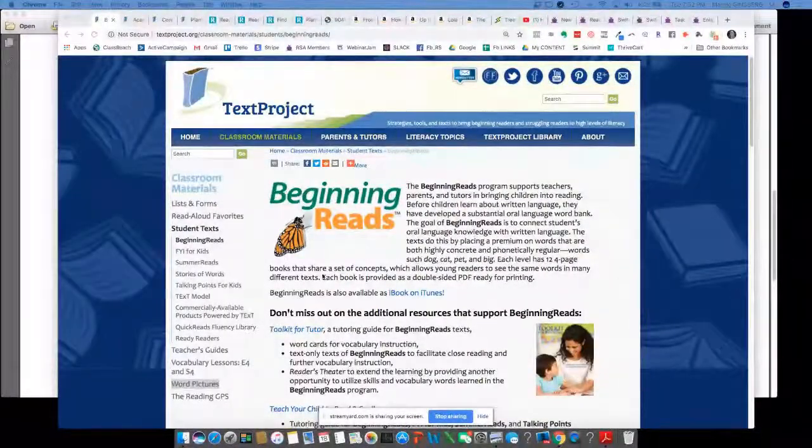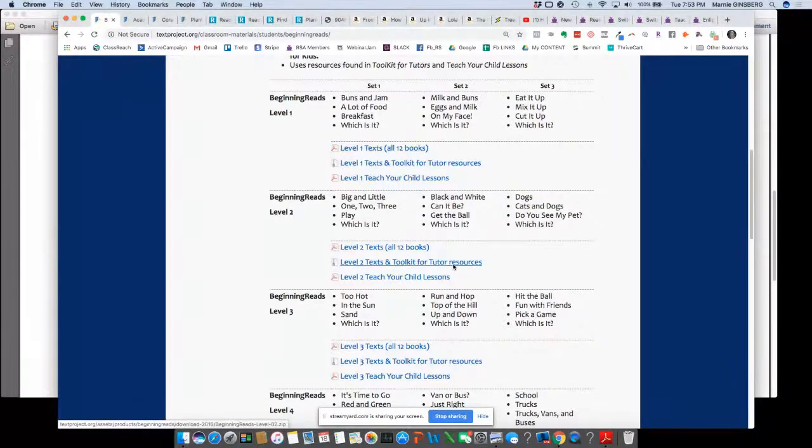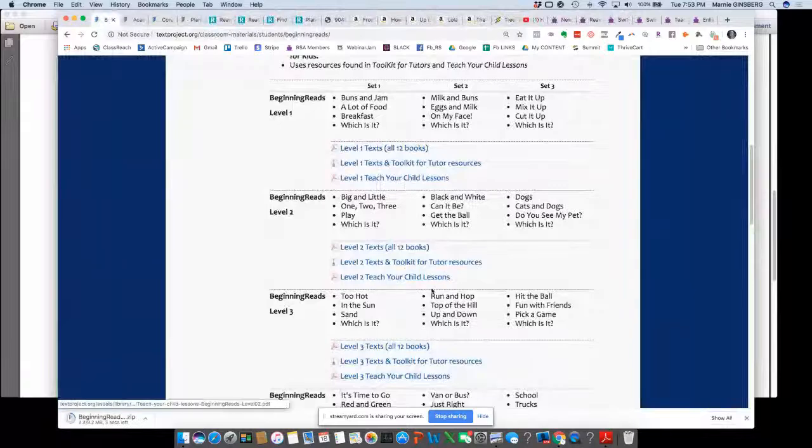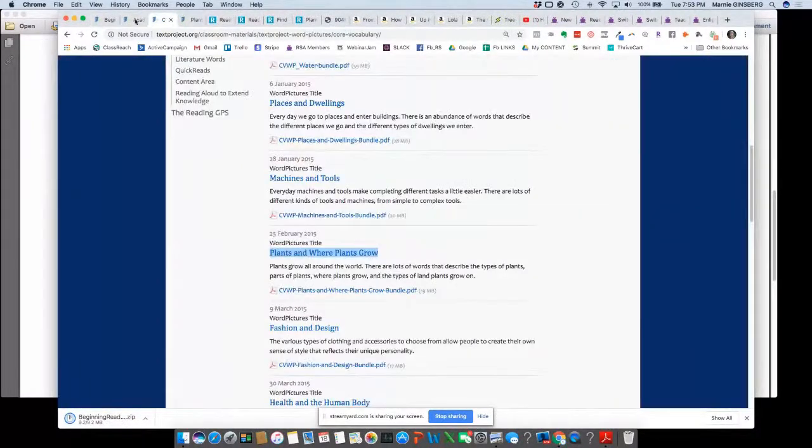If you go to Beginning Reads, you can also download these text and toolkit for tutor resources, and then you'll see one page that they could take home of all the text. Let me just pull that up. See if this works. That's not it. But it's just one page, so it's pretty easy to copy and send that home for homework reading.